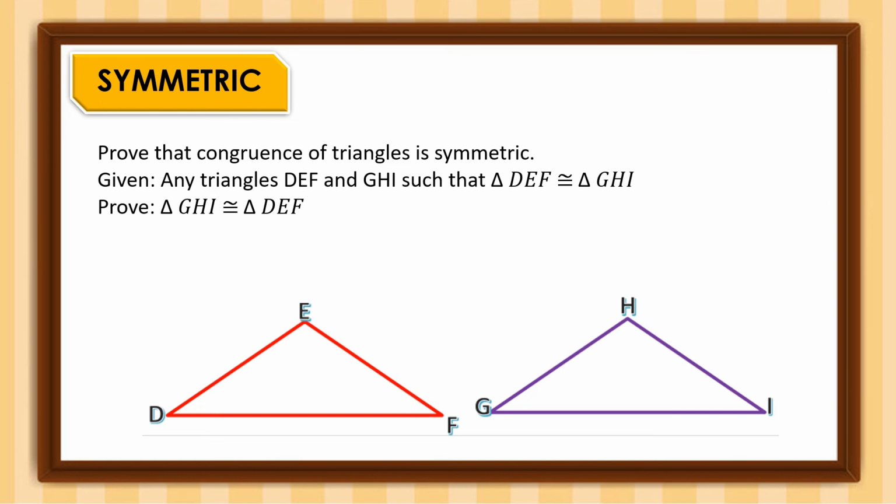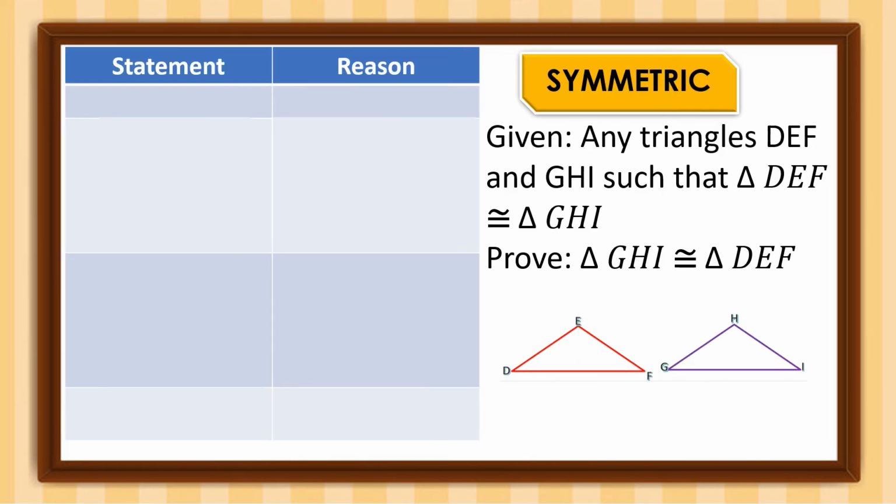Now, are you ready? So let's start proving. Still, we will use a 2-column table, one column for the statement and one column for the reason. So the given is any triangles DEF and GHI such that triangle DEF is congruent to triangle GHI, and we need to prove that triangle GHI is congruent to triangle DEF.